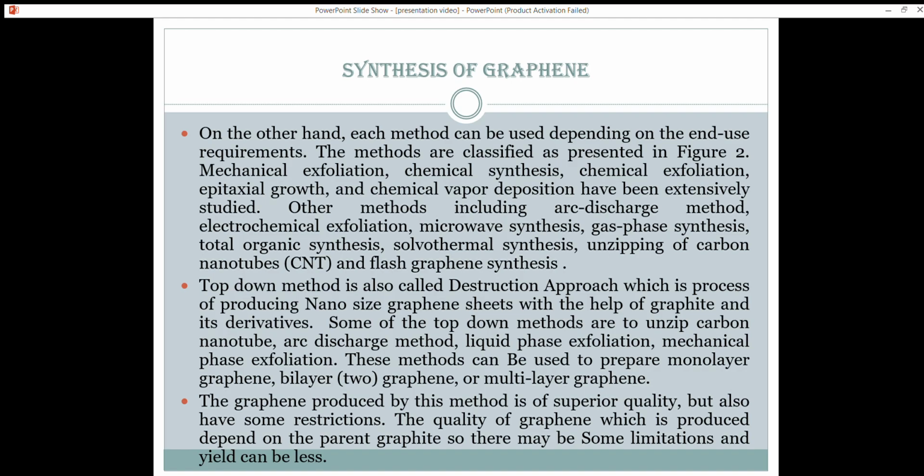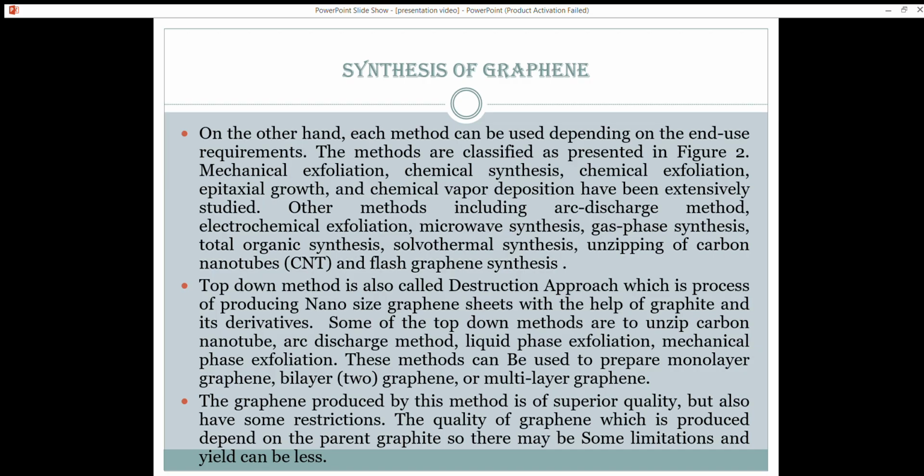Which method we choose will depend on our end product, whether we need it to be cost effective and whether it is prepared using low energy. So each method can be used depending on the end use requirements. The methods are classified as presented in figure 2, which we will see in next slides.